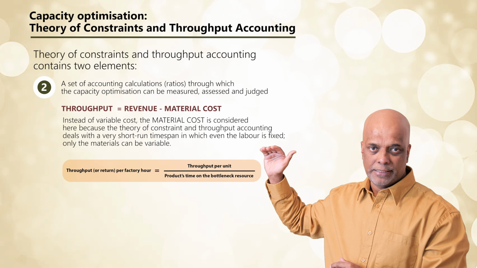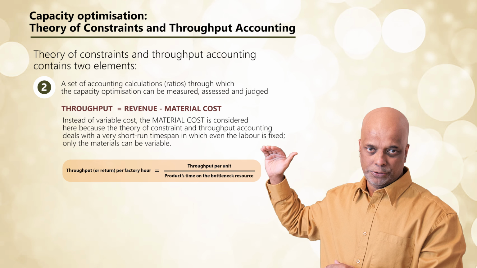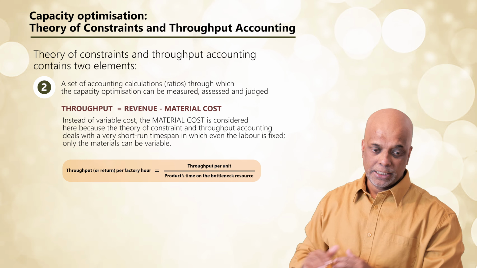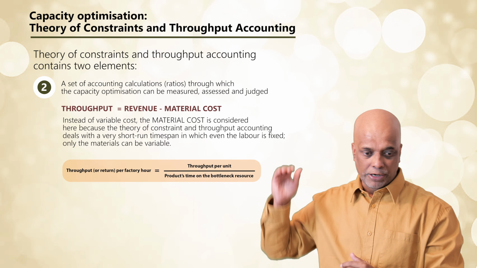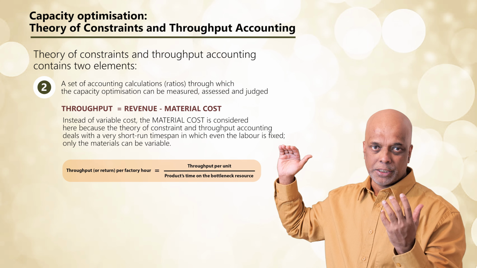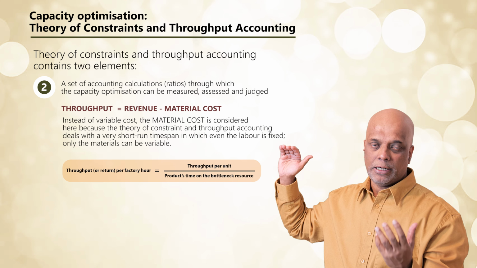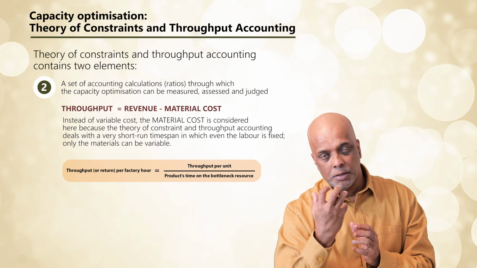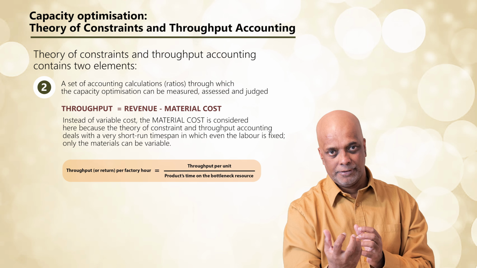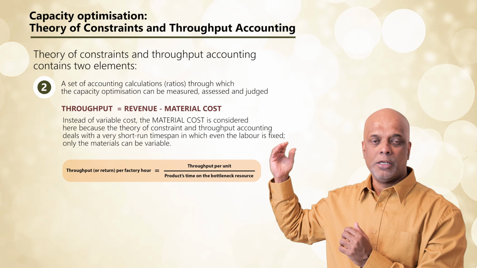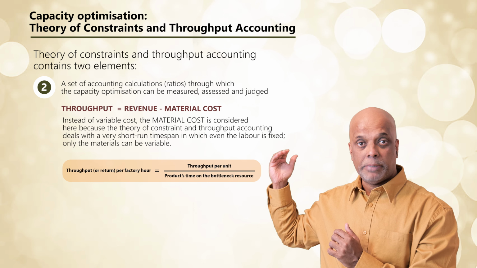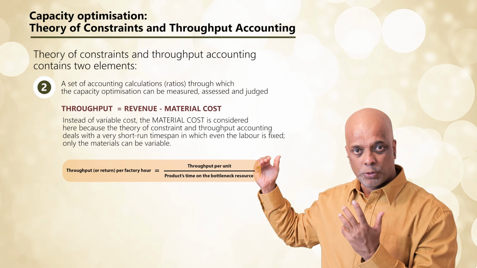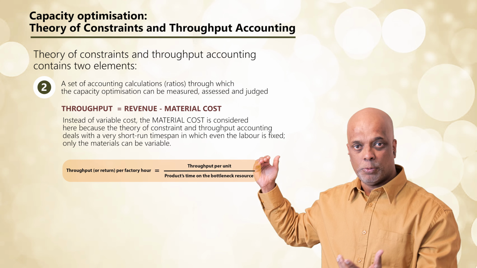Throughput or return per factory hour is throughput per unit divided by the product's time on the bottleneck resources. How much resources or how many hours is spent on that particular bottleneck factor. That is what we call throughput or return per factory hour. And that's the first accounting ratio you calculate in throughput accounting.